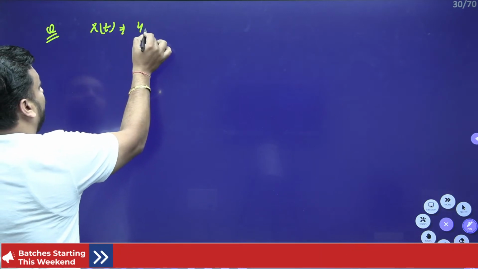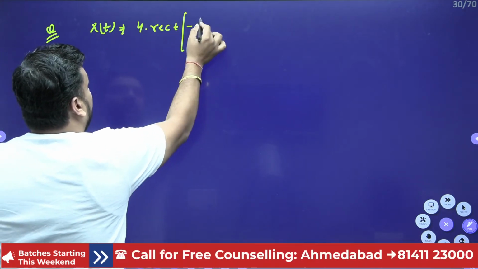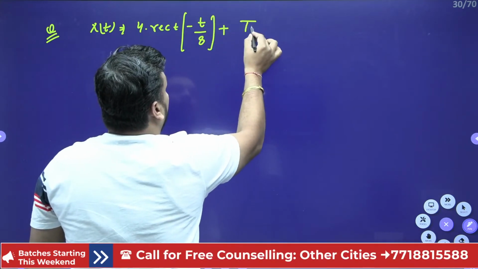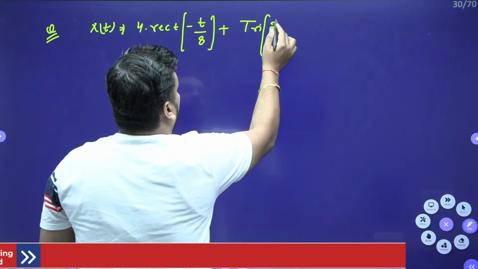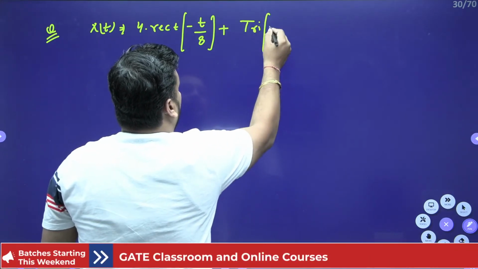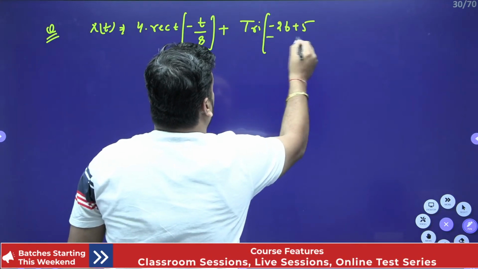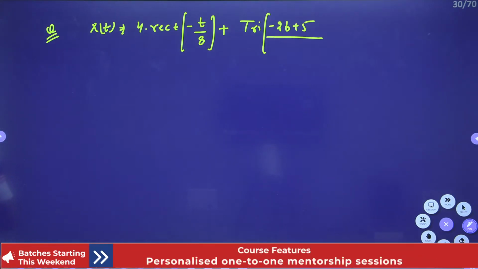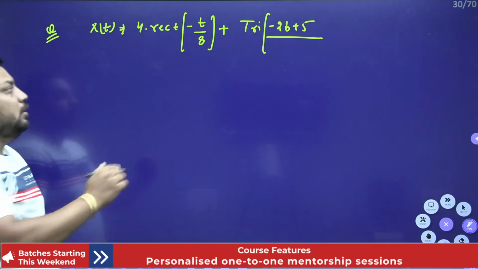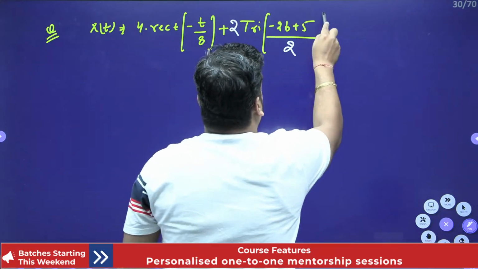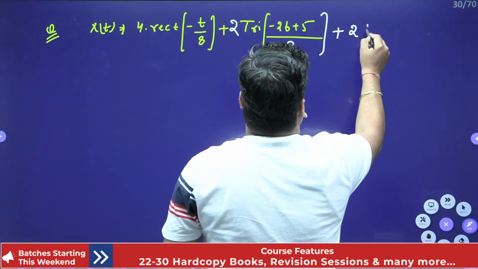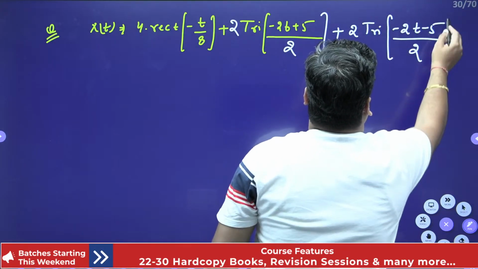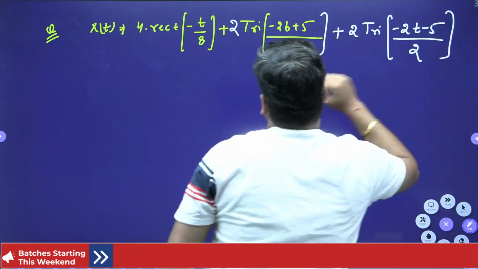So I am writing here 4 into rectangular of minus t by 8, plus the triangular of minus 2t plus 5, plus 2 into triangular of minus 2t minus 5 upon 2. So this is the example.